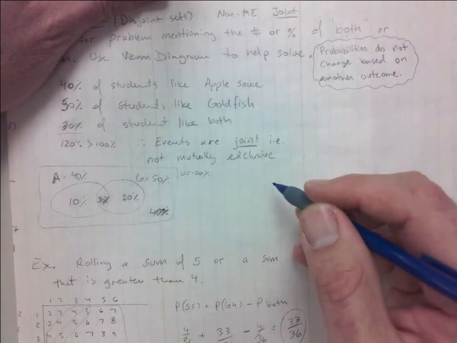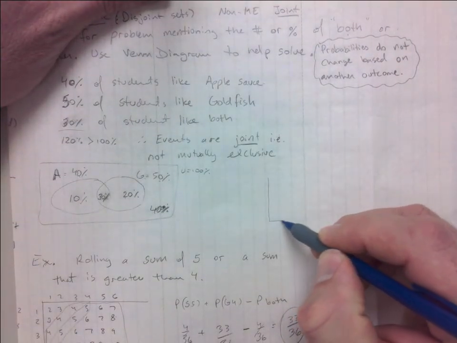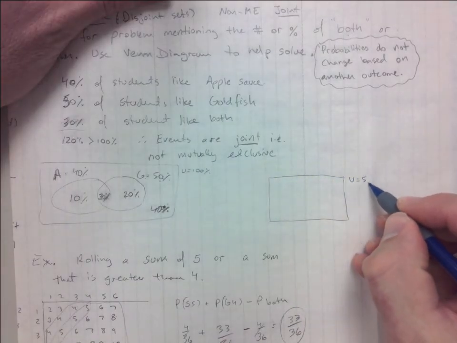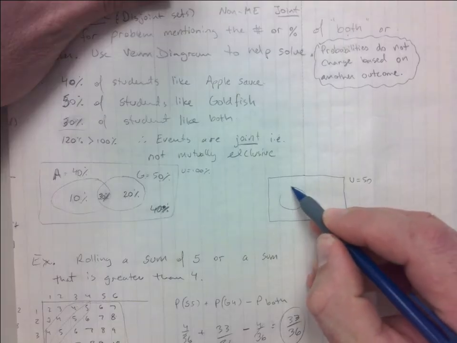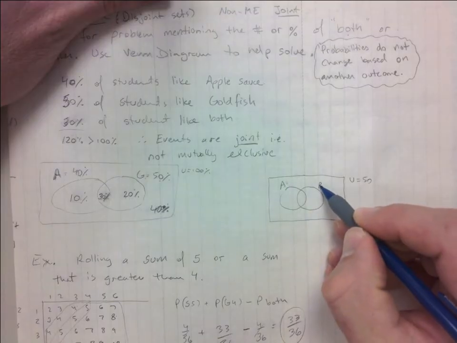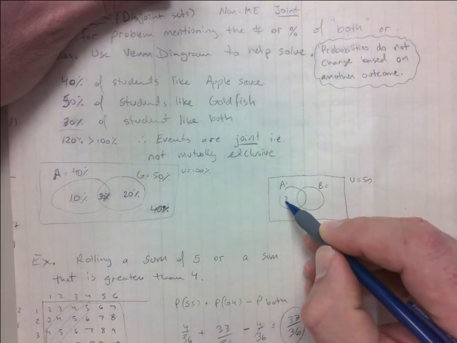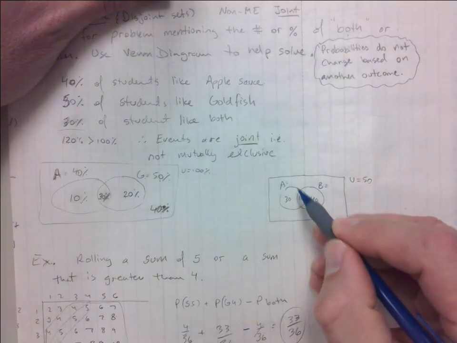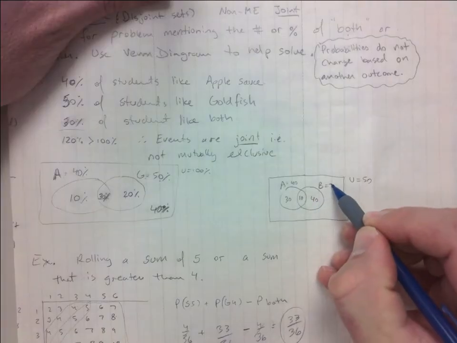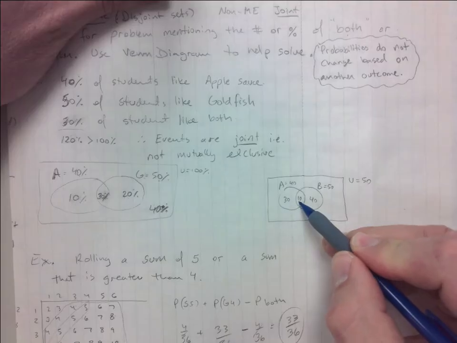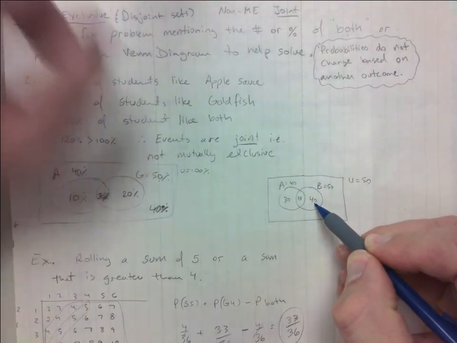Another one that you need to be aware of, you need to be comfortable with a Venn diagram. Let's say this is 50, and I'm just making this up as I go on the fly. Let's just put numbers in here, 30, 10, and 40, let's say. So that would mean this is 40, this is 50, and so this is 40 and 40, that's 80.